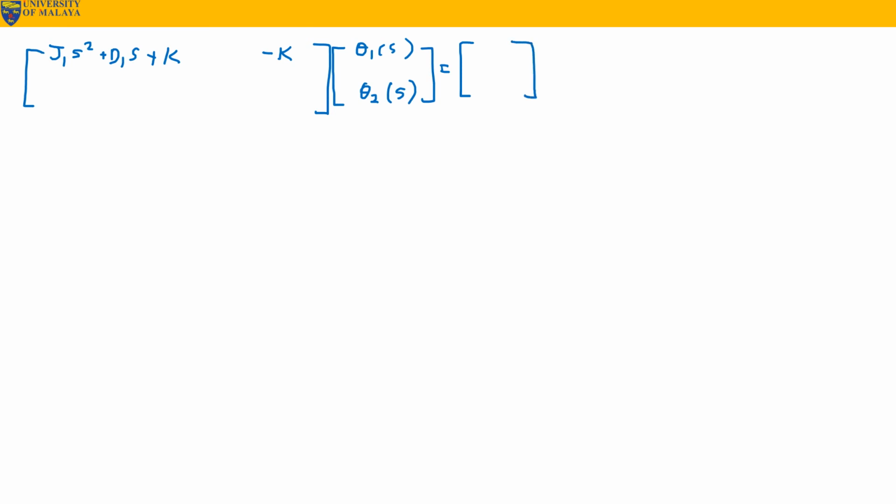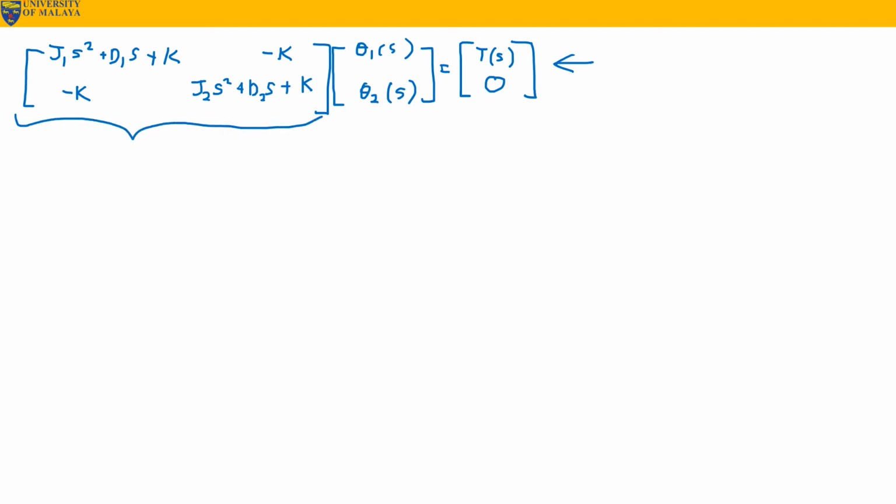Translating the two equations that we obtained previously, the first value is T of S, and the second value is 0. So this is the same equation written in matrix form.